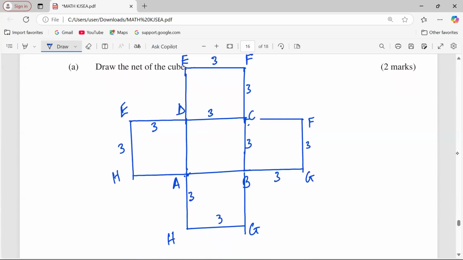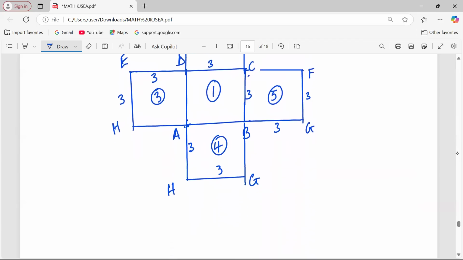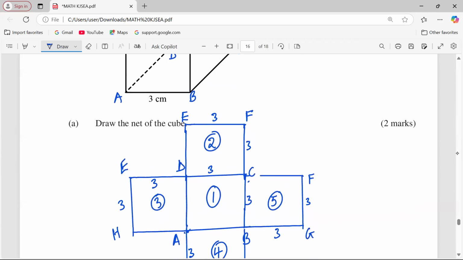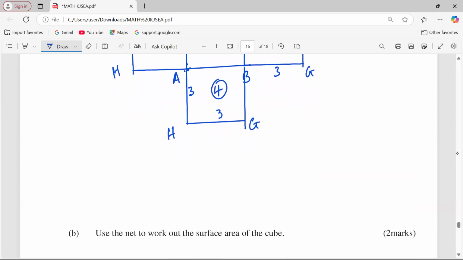These are already 1, 2, 3, 4, 5. So now there is the 6th face, which has not been included here. And we can place it anywhere now. It can even be on the lower side, the right-hand side, the left-hand side, or the upper side. So we can extend the lower side now so that we get the last face.